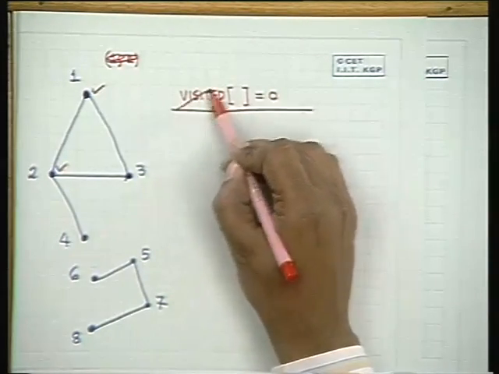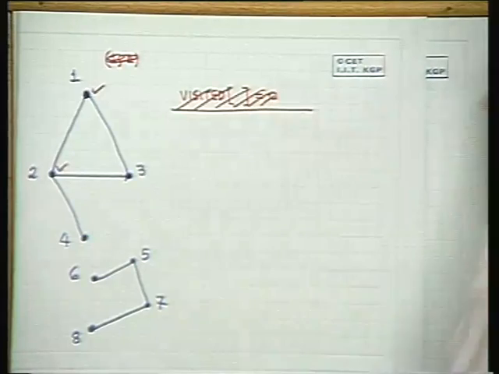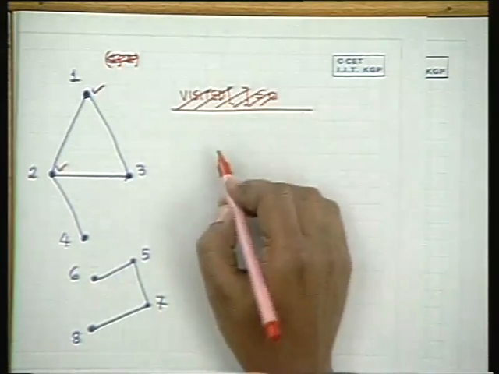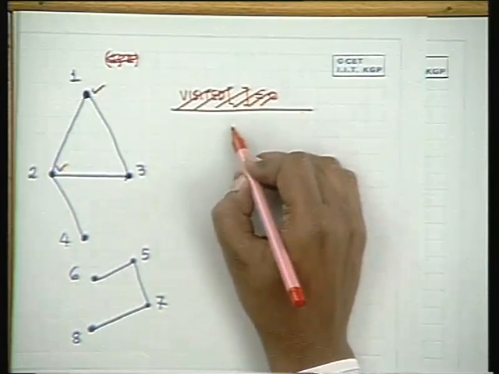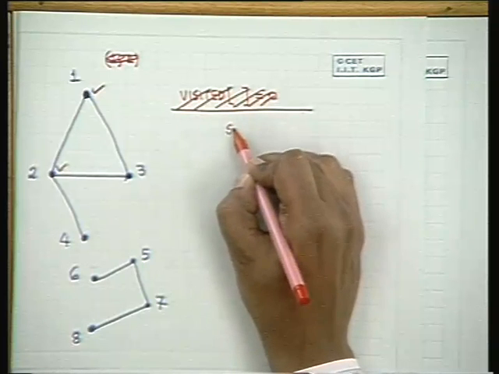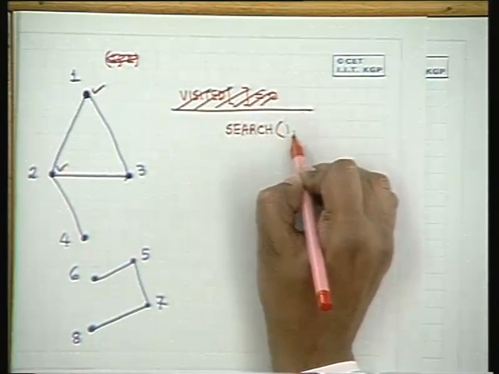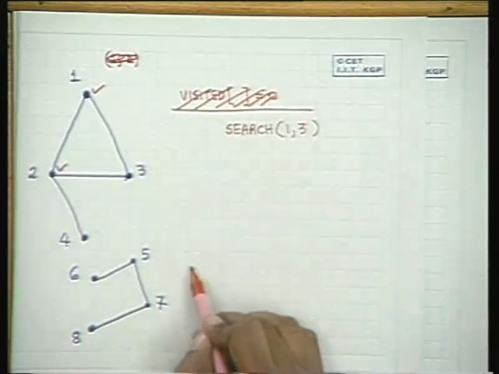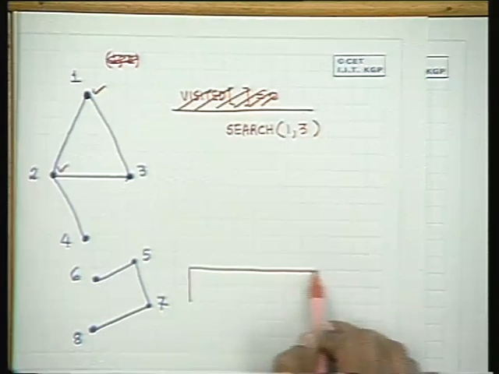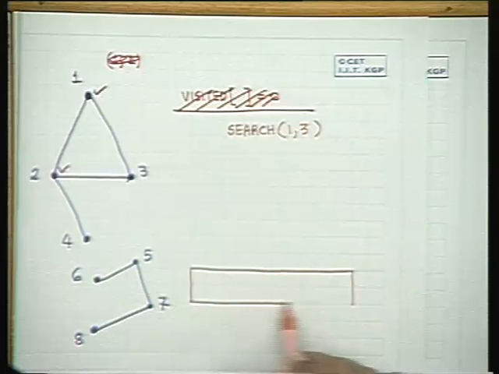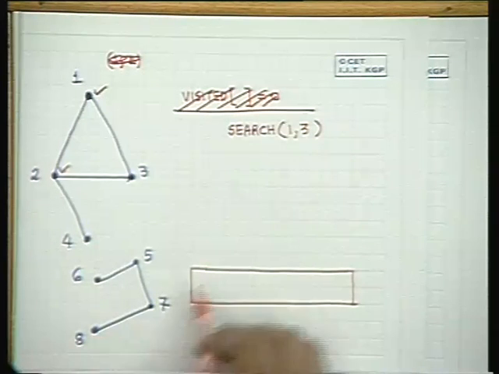Let us try and resolve our problem as we were trying to solve, that is, we were trying to solve search 1 3. Let us see what our visited array is. We have got 8 vertices.